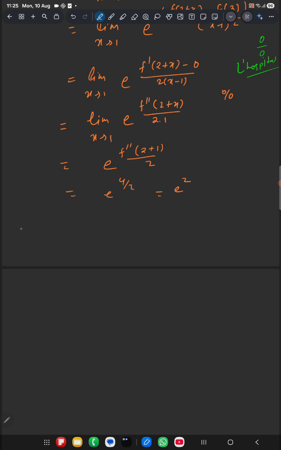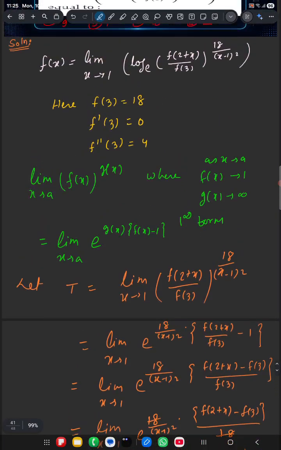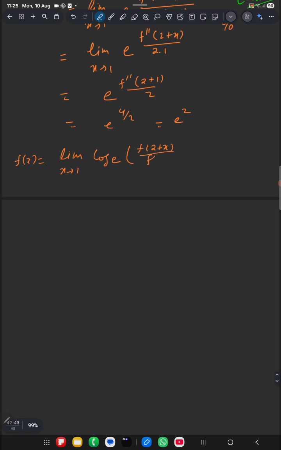But what do we have to find? Our original expression was limit x tends to 1 of log base e of this whole thing, f of 2 plus x by f of 3, and the power is 18 by (x minus 1) square.